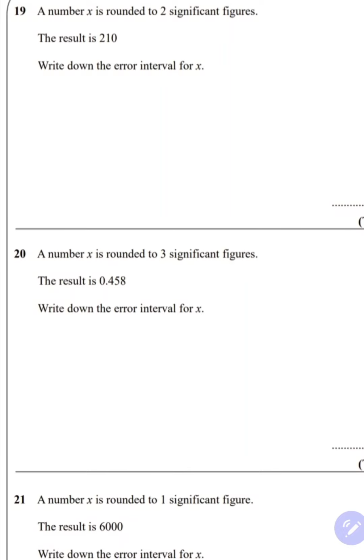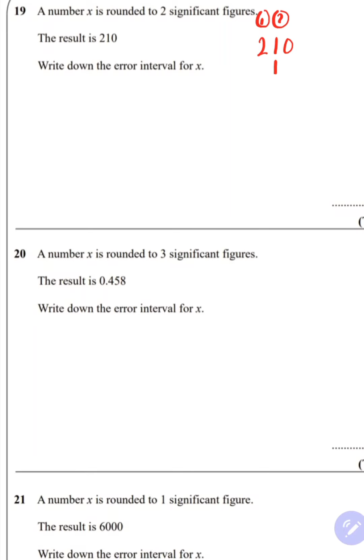It says a number x is rounded to two significant figures, and the result is 210. It says write down the error interval for x. So we take 210. If it's two significant figures, that's the first significant figure, and that is the second significant figure.